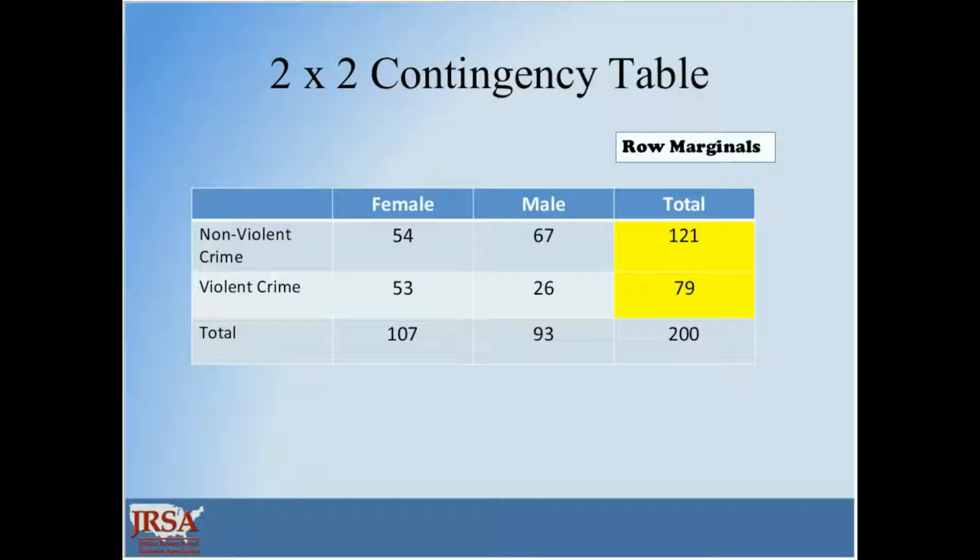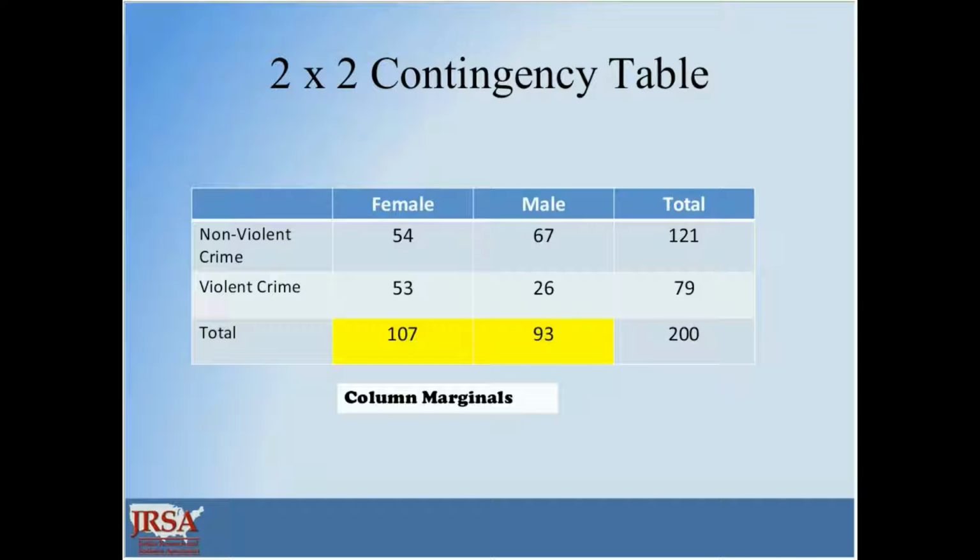Just to describe the table further, beyond the cell frequencies, there are row marginals highlighted in yellow, and these correspond to the total number of cases or frequencies found in each of the row categories. The sum of the row marginals equals the sum of the column marginals.